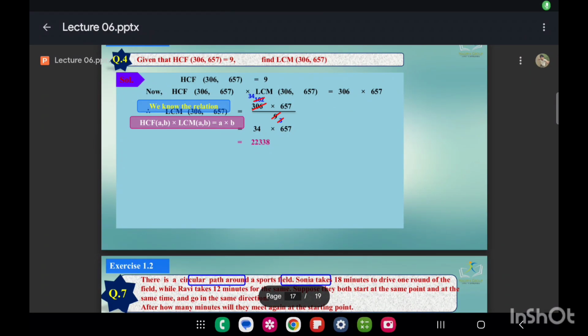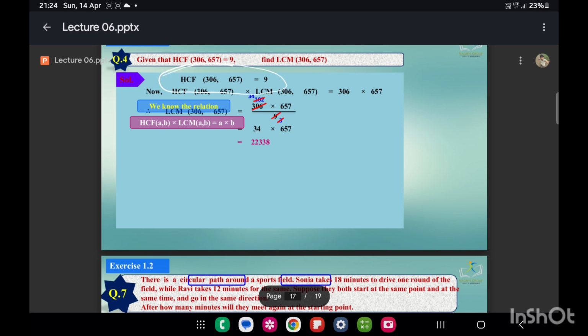This is an important question. Given that the HCF of 306 and 657 is 9, we have to find the LCM of 306 and 657. Already they have given that the HCF is 9.